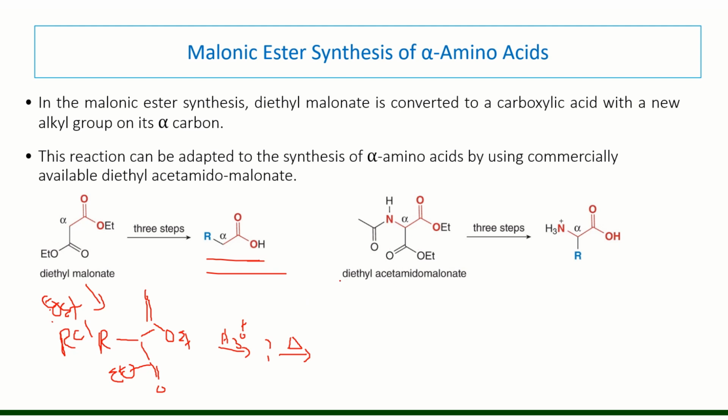Well, we can use this species here that is decorated with an amide, and we do the same thing, because remember you have a proton right here which you can deprotonate.